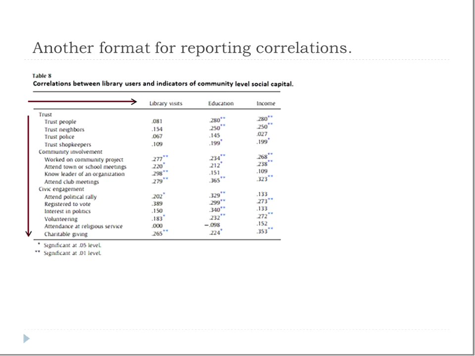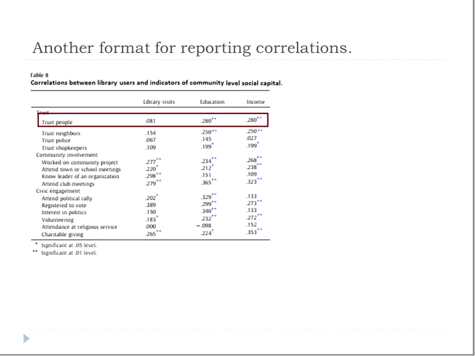But we know it's not because she clearly labeled it as Table 8, correlations between library users and indicators of community-level social capital. And here's a researcher who prefers the term indicators to the term variables. These were her variables, but she sticks with calling them indicators throughout the article.